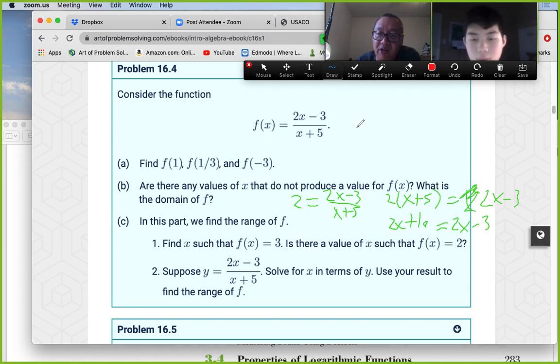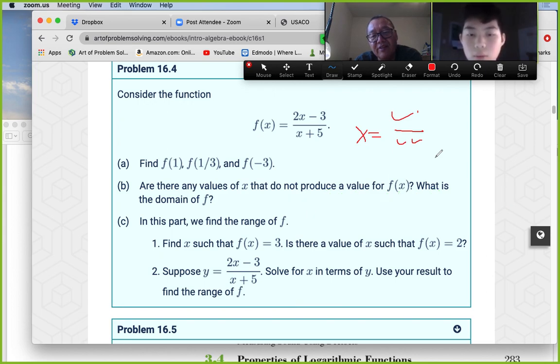So that means write x equals something in y, like this. Okay. So for this one, both sides still times x plus 5, right? Then you merge the terms with variable x.